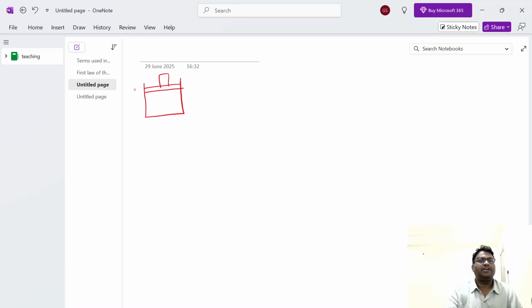Already we have seen U, internal energy, U initial. Now it has absorbed some heat energy, and after absorbing some heat energy, it has done some work. So there will be some change in this internal energy.